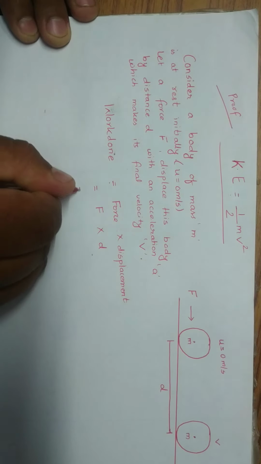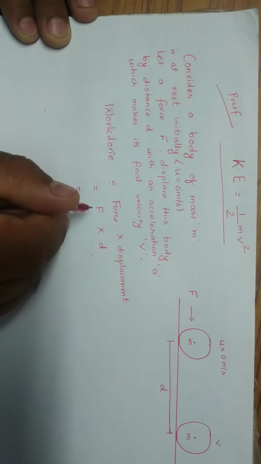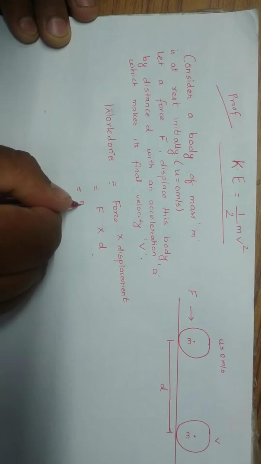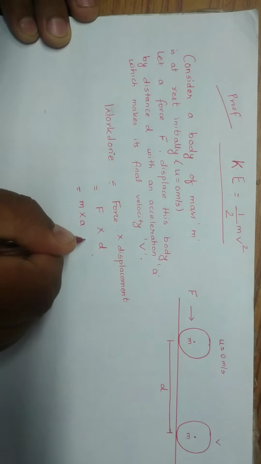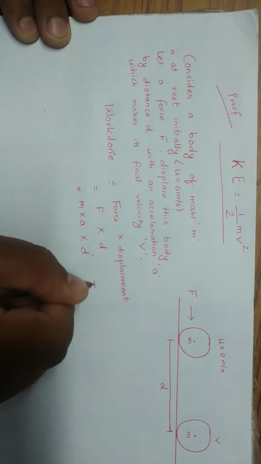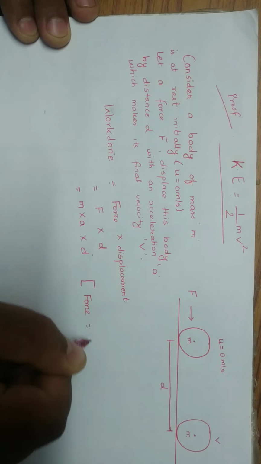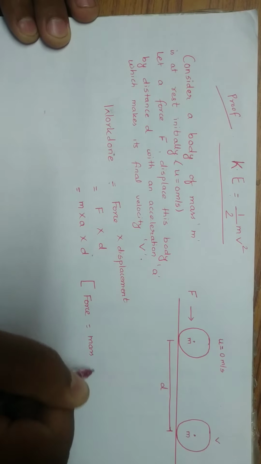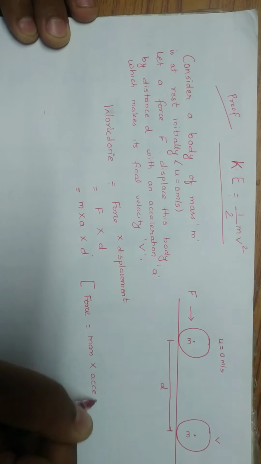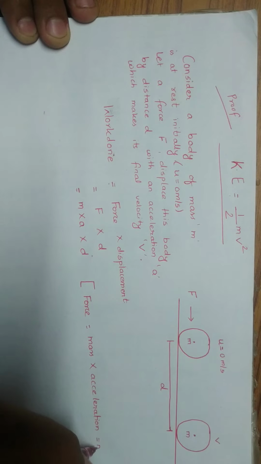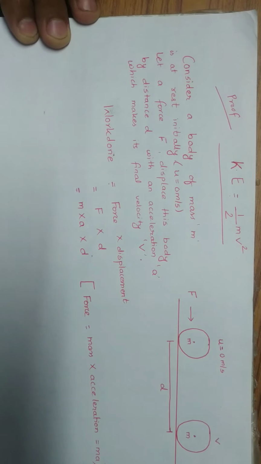We know that force is the product of mass and acceleration of the body, that is m into a into d. So what we have done here, we have written the force as mass into acceleration, ma, nothing more. This is a very common term.